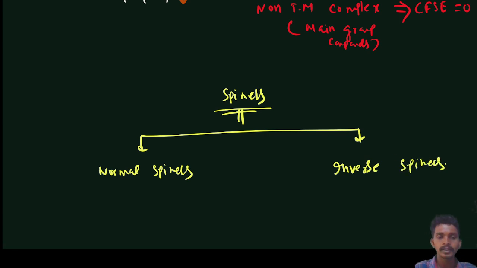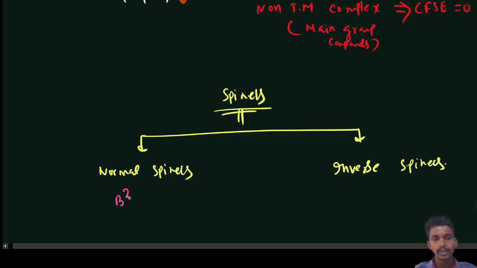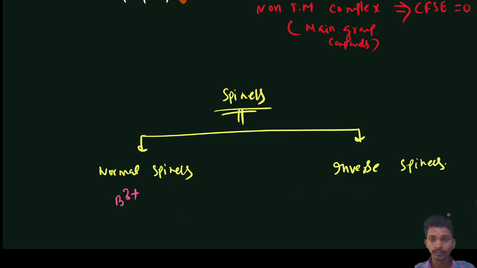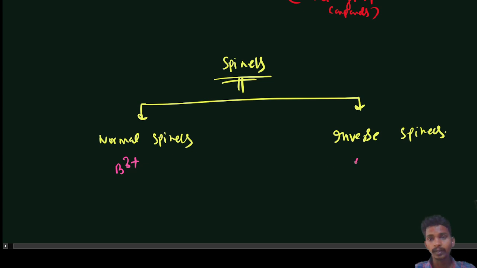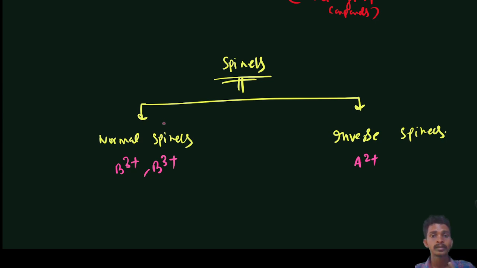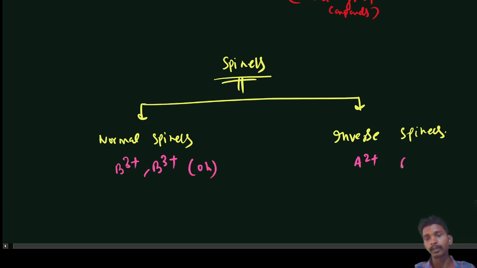For normal spinels, we say that the B3+ cations have to have the high CFSE. And for the inverse spinel, A2+ will come, and the 2 B3+ will come, because one octahedral site has to be there, and this is an octahedral site, and this is a tetrahedral site.